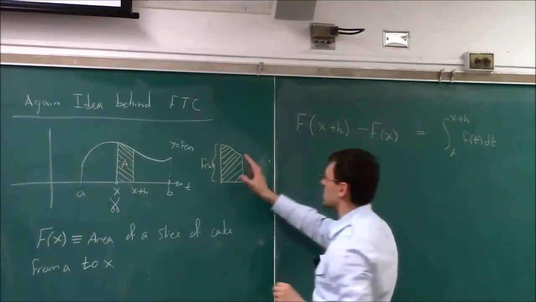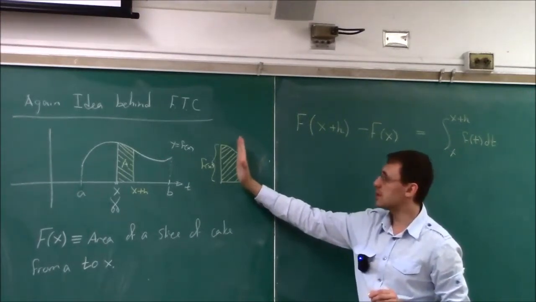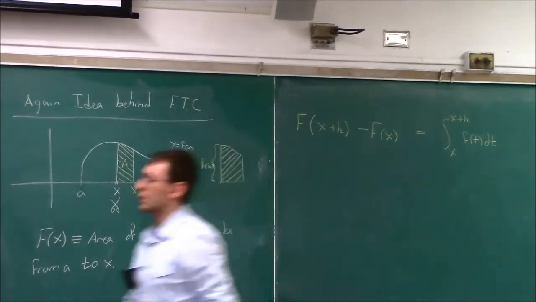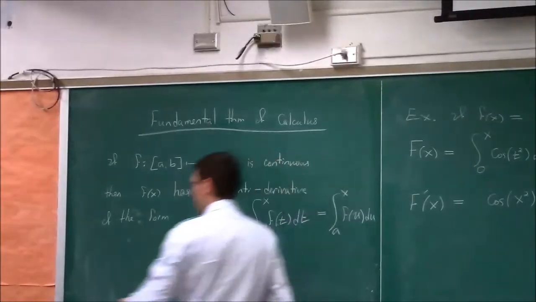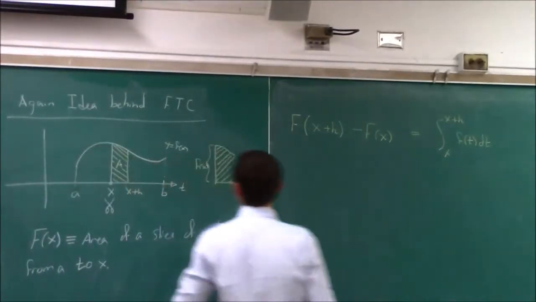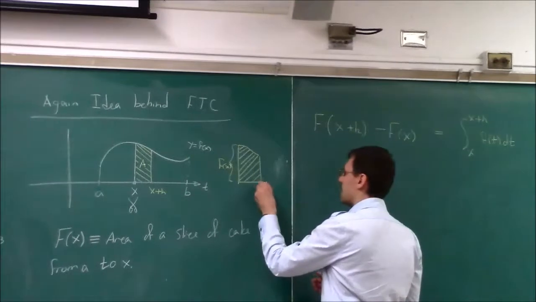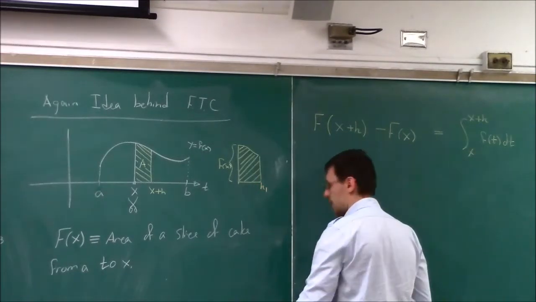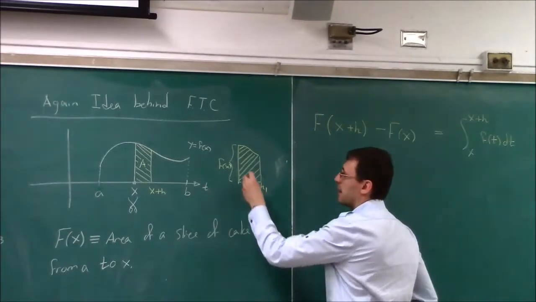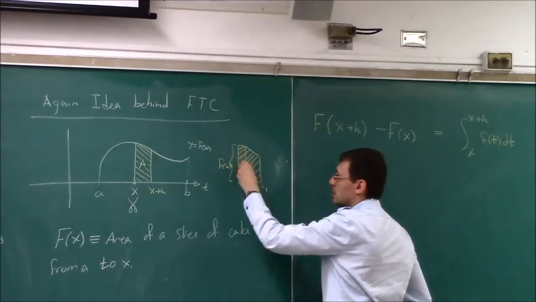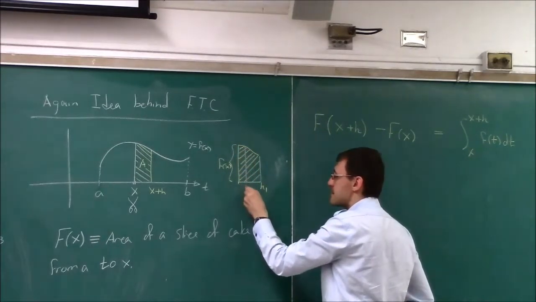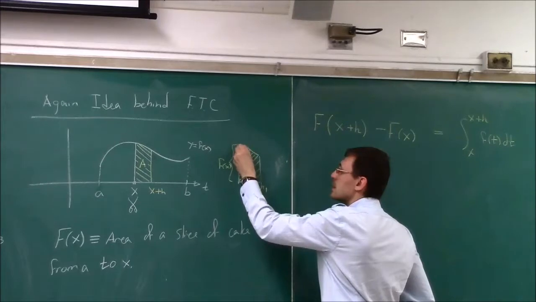If h is pushed to 0, look what happens. The rectangle would be thinner for smaller h. So this is for yellow, let's call it h1. Let's see what happens when I select a much smaller h, we'll call it h2. Do you see this?